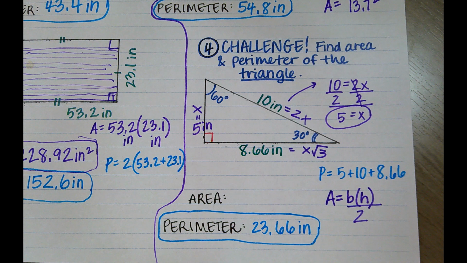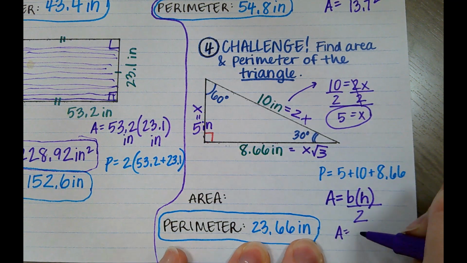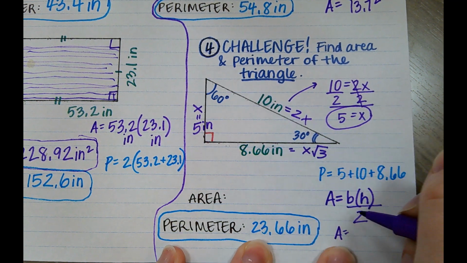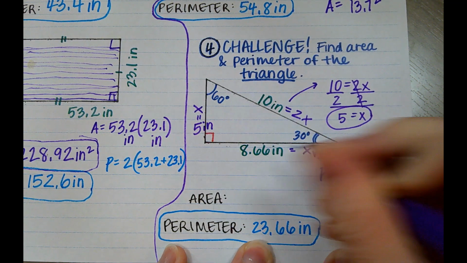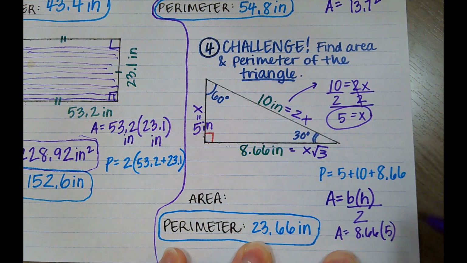So all that being said, how would I find the area of this triangle? 8.66 times 5 divided by 2. Yes, 8.66 is our base, times our height, which is 5, as we found. And then we just divide it by 2.